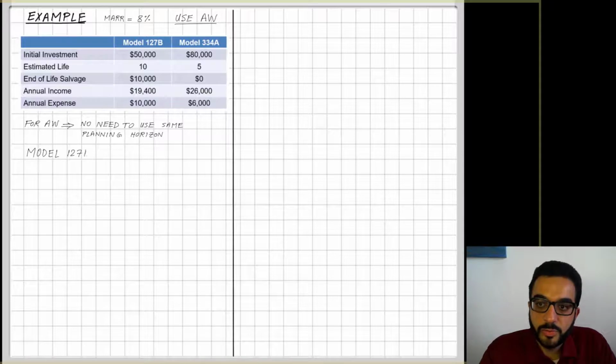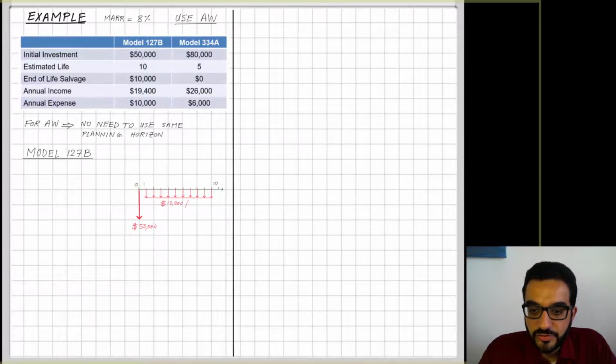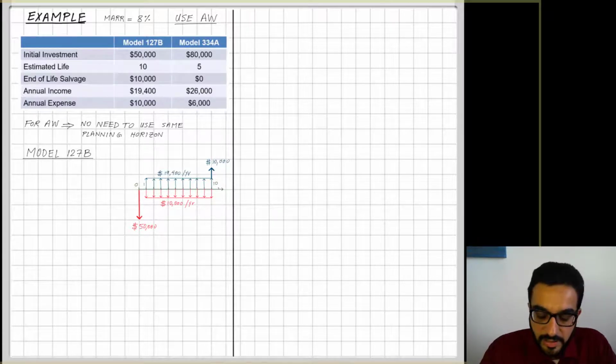So let's start with the first one, 127B, and that's over 10 years. I have an initial investment and a maintenance cost, and this model will give me more production, with an annual income of 19,400, and at the end I will have a salvage value of $10,000.